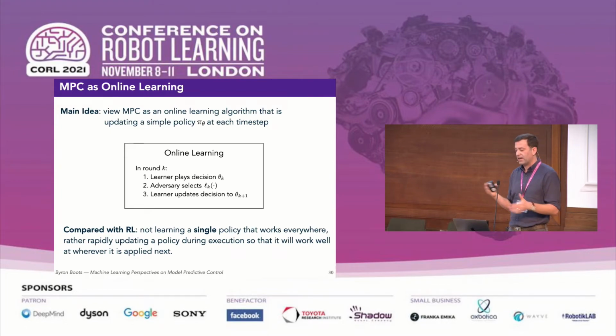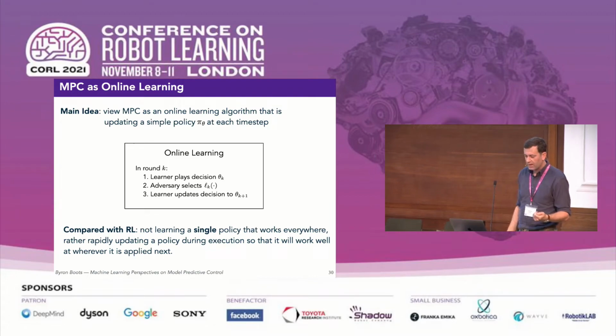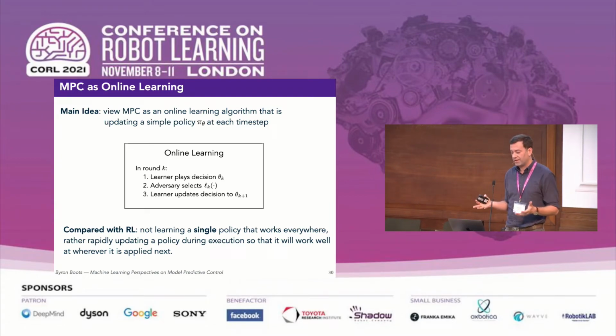The learner then uses the loss to update the policy so that it will perform better at the next time step. So thinking about MPC as optimizing a policy, there's this natural inclination to think about how it relates to reinforcement learning. And it is a little bit different. Rather than learning a single policy that will work well everywhere in the environment in advance, instead what we're doing is rapidly updating a really simple policy at every time step that will work well wherever it's going to be applied next.